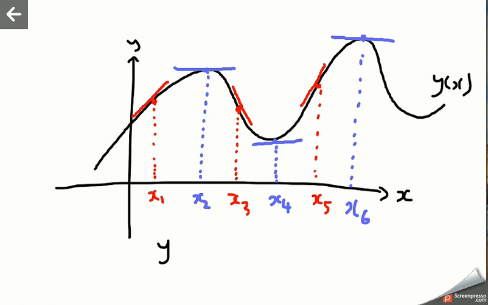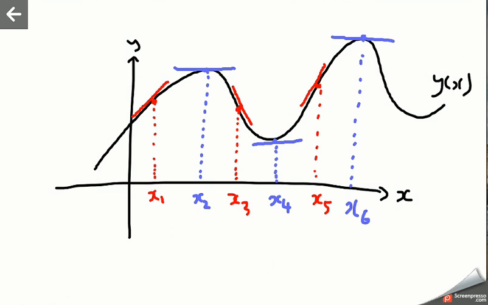Now y prime of x2 is going to be equal to 0, because x2 is right at the very top of the hill. A tangent line at that point is completely flat, which means it has a slope of 0. So y prime of x2 is equal to 0.